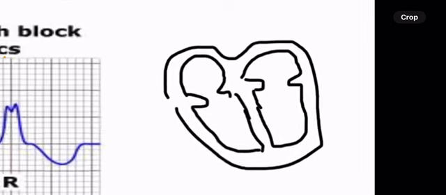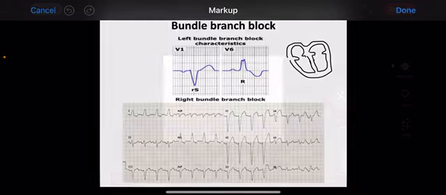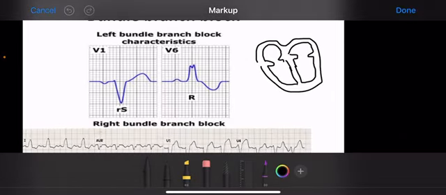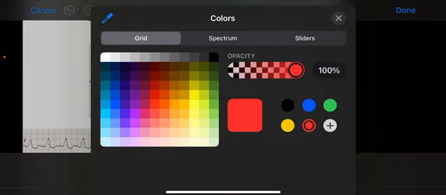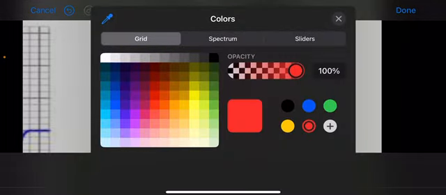This is important. Why is there widening of the QRS in bundle branch block? If you can see, we have the bundles here, right and left. And if there is a block, for example in the left one, what will happen?